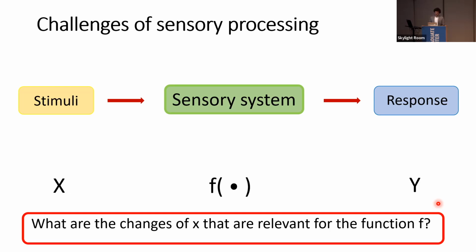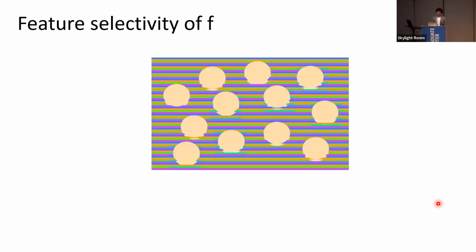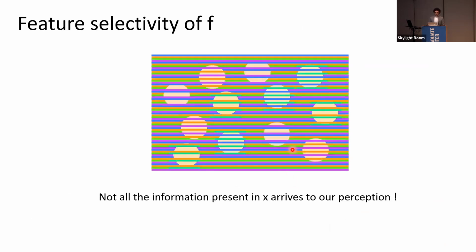I want to motivate why this is interesting, and I want to do it with a little visual illusion. If you take this bunch of ellipses, you will notice that they are of the same color and they are superimposed on some striped background. Now I'm going to keep this image and just change the context in which you perceive those ellipses by adding lines on top of them.